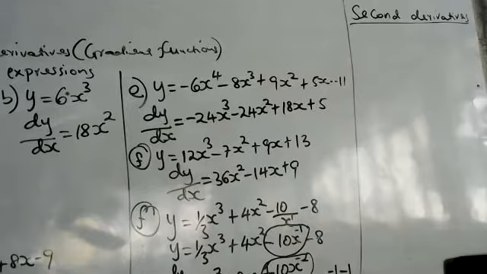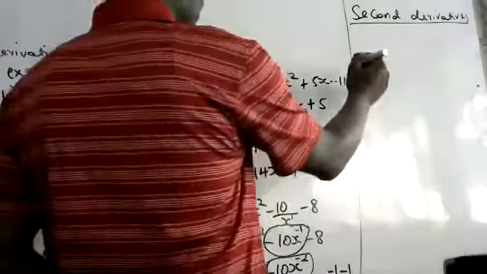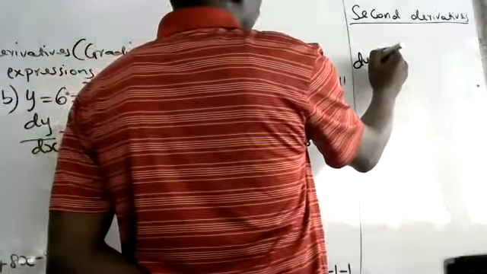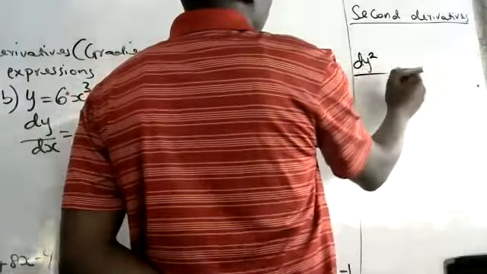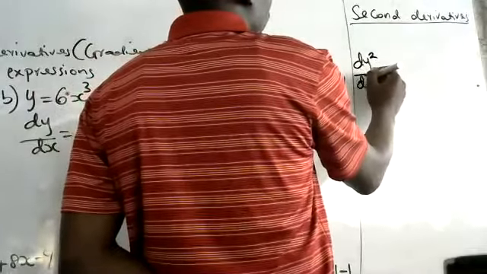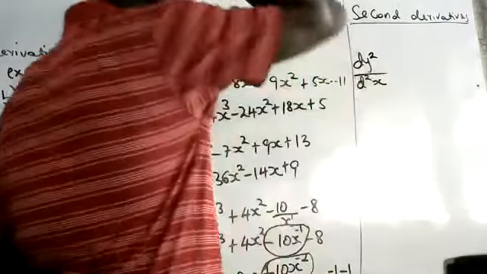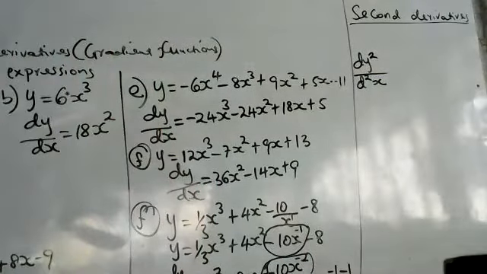It is normally represented as d squared y over d squared x.